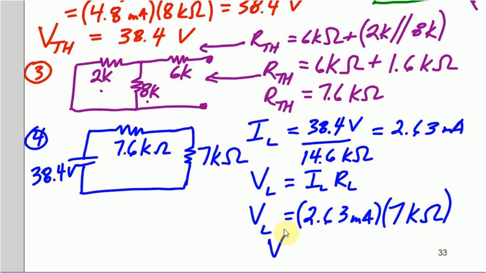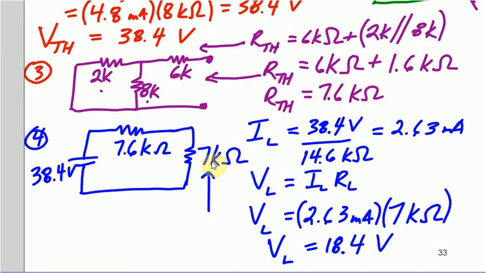And what you're going to get is the load voltage is 18.4 volts. So there, we used the Thevenin equivalent circuit to find the drop across this resistor here. That's the load voltage, came out to 18.4.